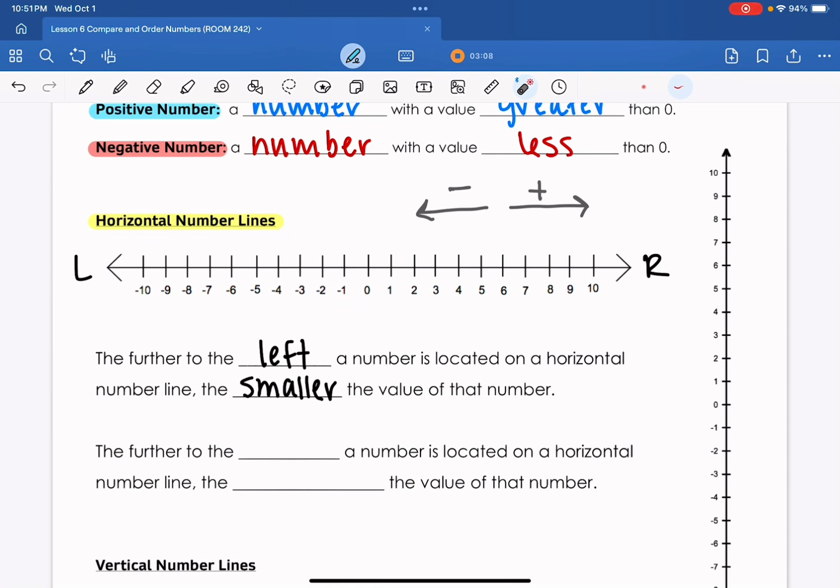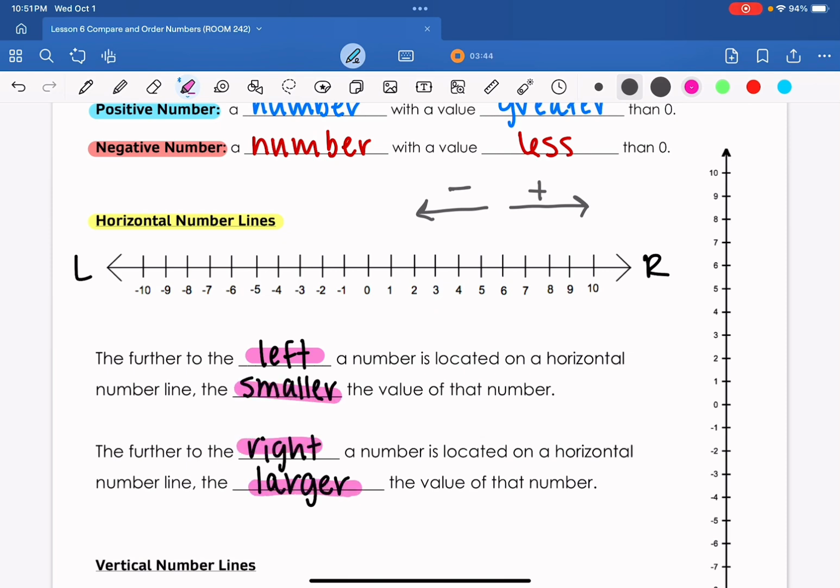So the further you move to the right, the larger the value of that number. Okay? And if you need to highlight to remember some important things, we could do left, you're going to get smaller. Right, you're going to get larger.